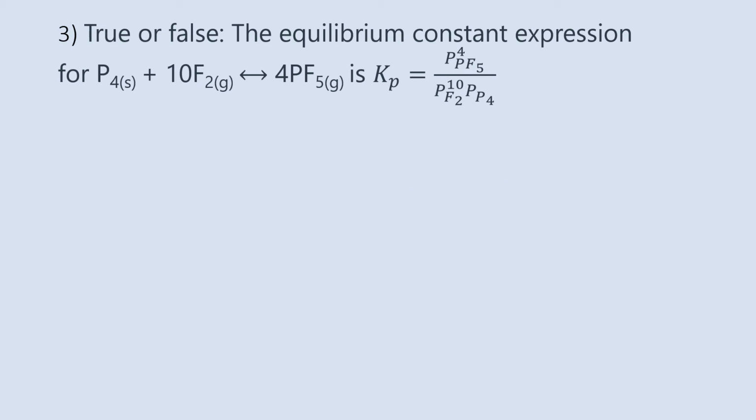True or false? The equilibrium constant expression for this reaction is written correctly. So to determine whether or not this is written correctly, we need to know that in a proper Kp expression, the products are always drawn over the reactants, and no liquids or solids should be included.